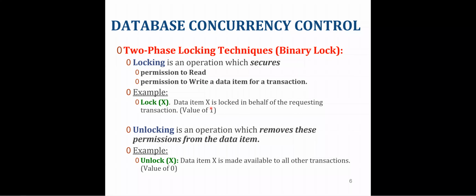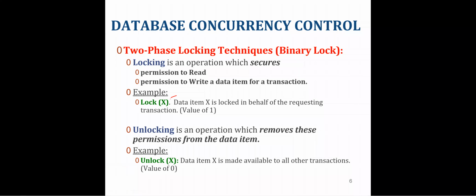So data item X is locked on behalf of the requesting transaction with a value of 1. If you're looking for the data item X, and you get the variable lock X equal to 1, that means there is another transaction using the X data item at the moment, and you cannot use it till lock X gets back to 0.